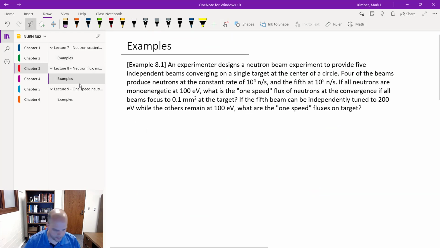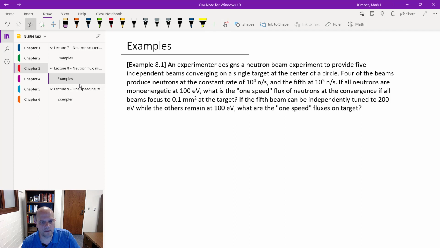As we go to our first example, we have some experimenter that is designing a neutron beam, and there's going to be 5 different beams, and they're all converging on a single target at the center of a circle. 4 of those beams have a neutron production rate of 10 to the 4th neutrons per second, and the 5th one has a higher production rate, 10 times higher, 10 to the 5th.